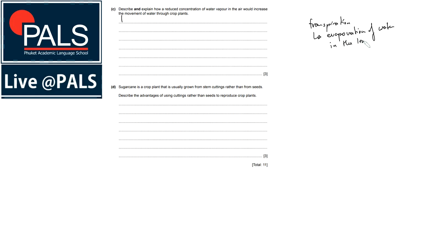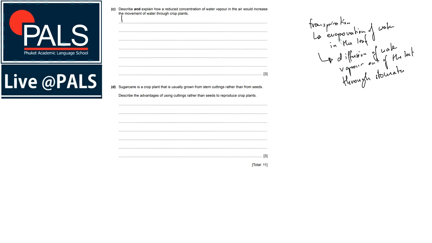in the leaf, specifically on the surface of the spongy mesophyll cells, and then the diffusion of water vapor out of the leaf through the stomata.